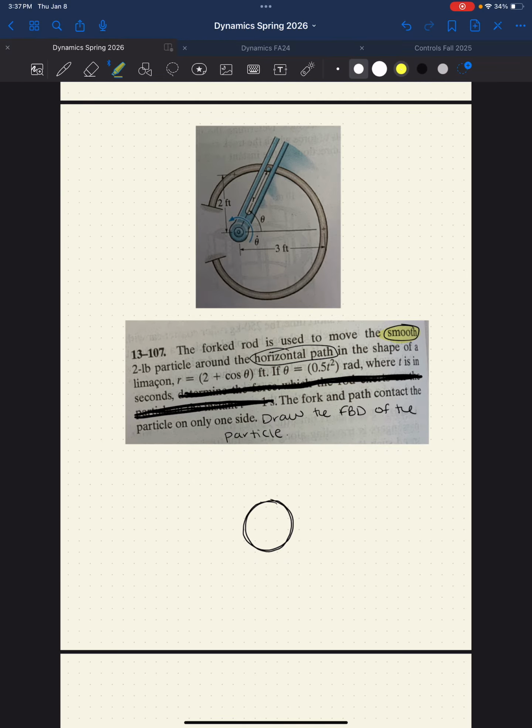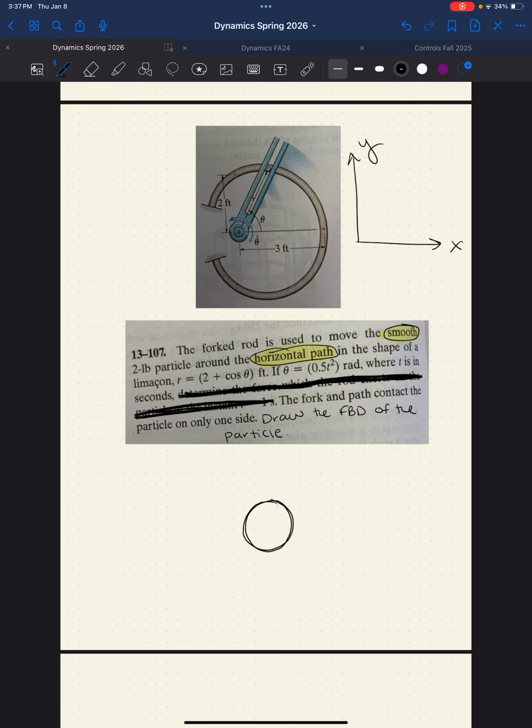Okay, so there are two key words in this problem. One is smooth. Smooth means that you can neglect friction. There's no friction between this particle and the path, or between the particle and the forked rod. The other key piece of information is the horizontal path. The horizontal path basically means that you can consider this entire object as laying on a table in the XY plane where gravity is working into the page.